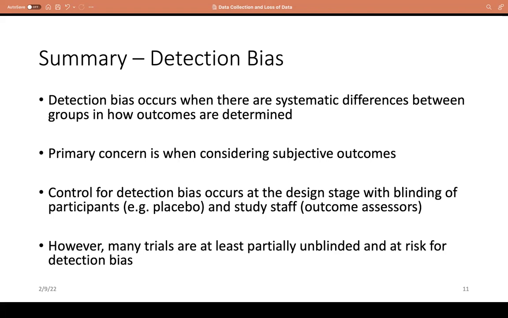The mitigation strategy or control for detection bias occurs at the design stage with blinding of participants and study staff, and it continues throughout the study in the sense that you're trying to ensure that blinding remains in place. Okay, but as I just showed you, many trials are at least partially unblinded and at risk for detection bias.